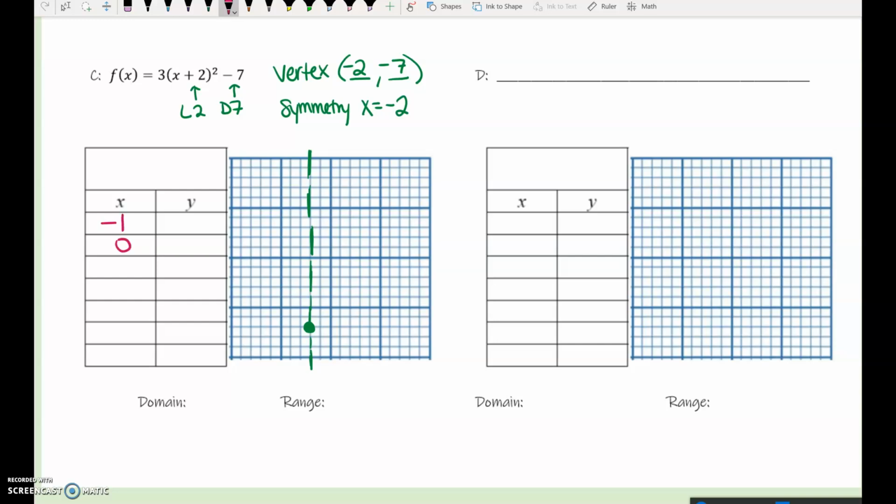I usually pick the 2 x values closest to the symmetry line on the right side of the symmetry line. And we plug those in. So 3 times -1 plus 2 squared minus 7. You can do that math in your head, or you can punch it into your calculator.